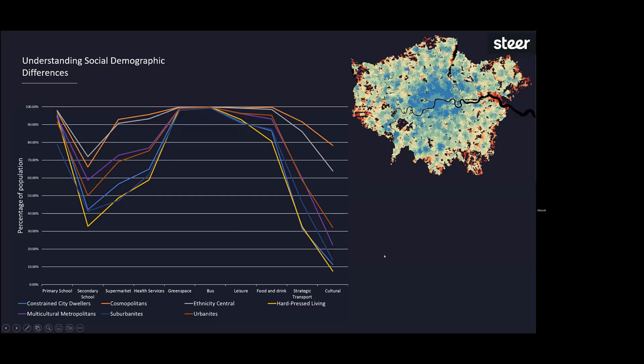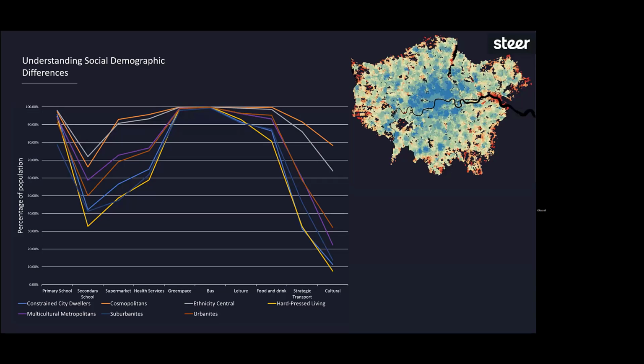So each of the UK has been split into these 7. I think there's 8 actually, because one of the categories is rural living, but there's not much of that happening in London. So in London we have these 7 groups of people that all share common characteristics.